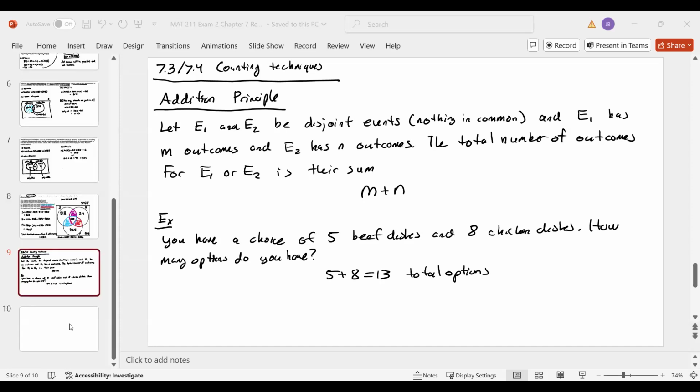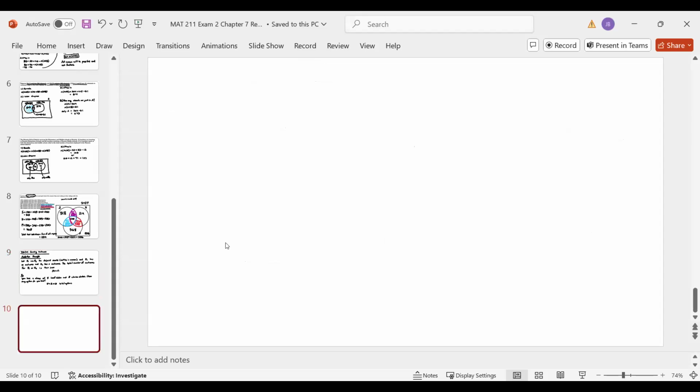Now we're going to talk about the multiplication principle. This is the one that you're going to use the most, but I will show an example where you combine the two, because sometimes you have to.